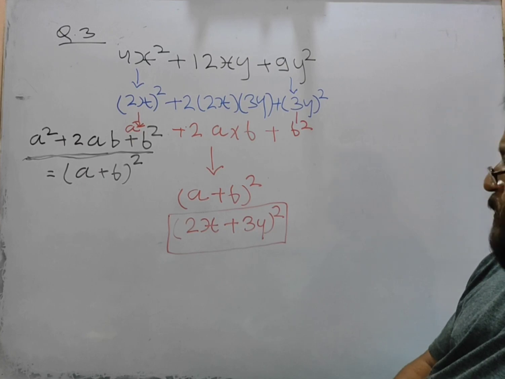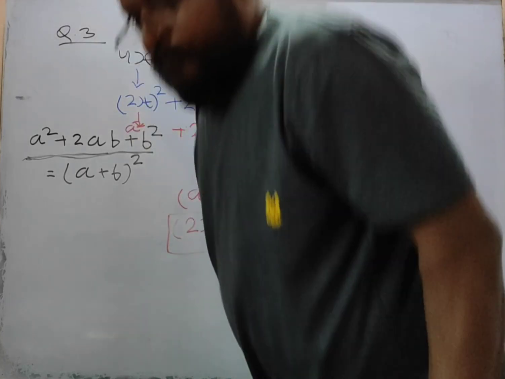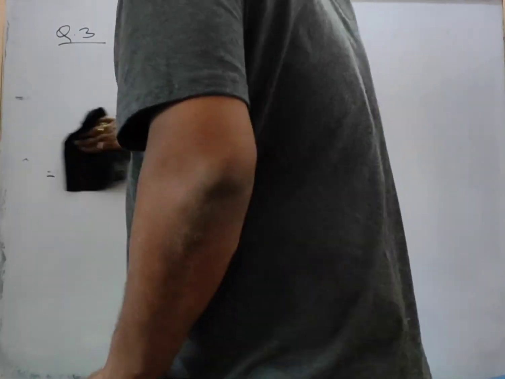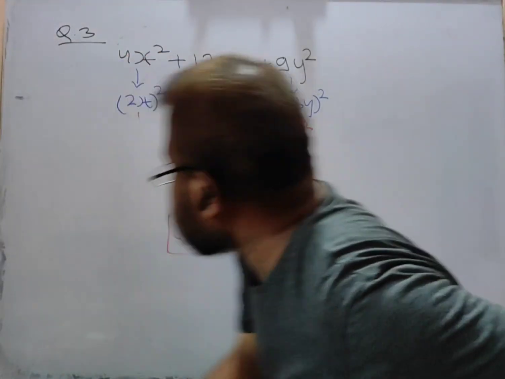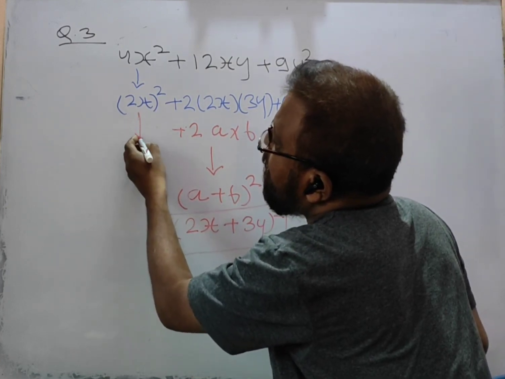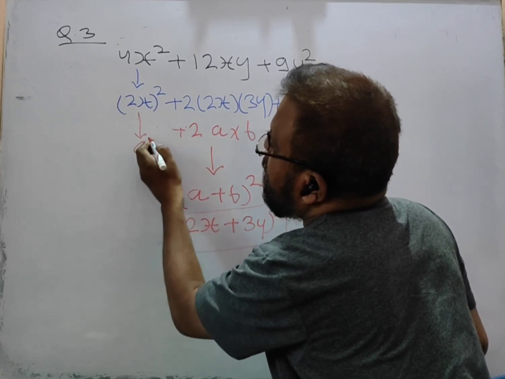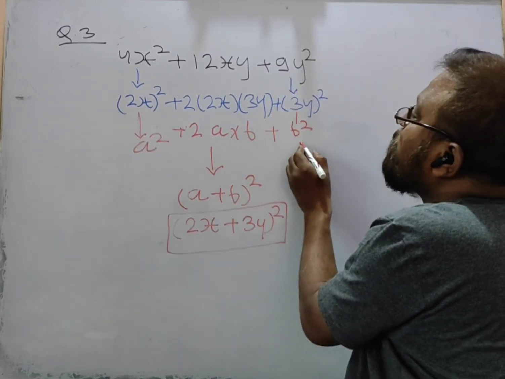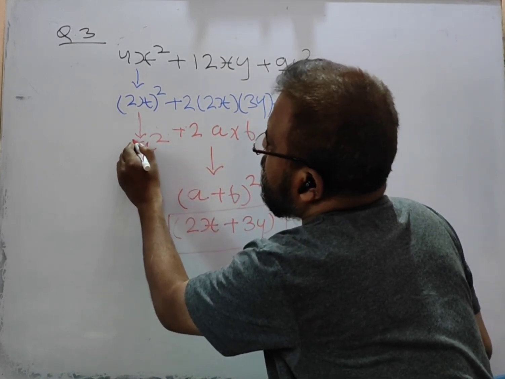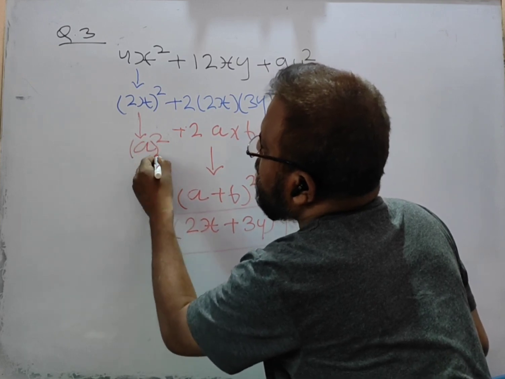I hope you understand. Just wait for a while. I have taken this as a square, and we can write it as a bracket whole square.